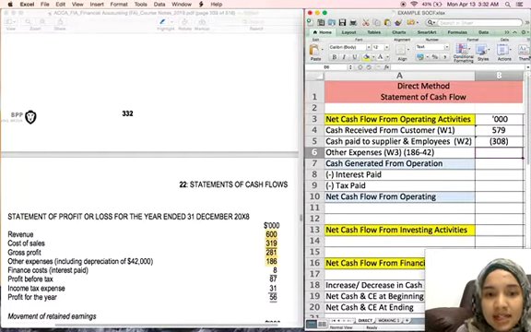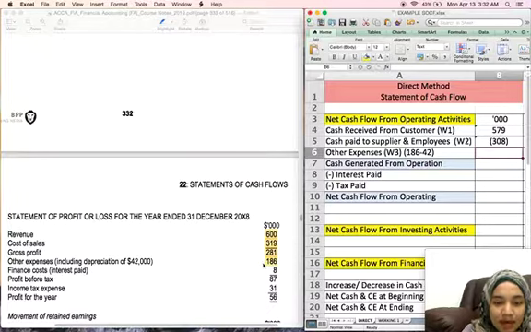And then, other expenses. Where do you get other expenses? Here. Other expenses. But be very careful, because it says other expenses including depreciation, 42,000. So, can we deduct 186 directly? No. Why? Because inside this there is depreciation. Depreciation is a non-cash item.